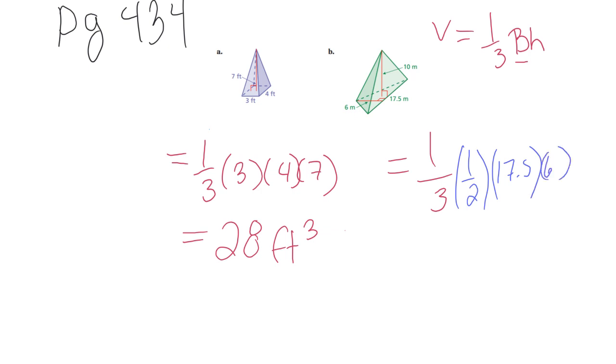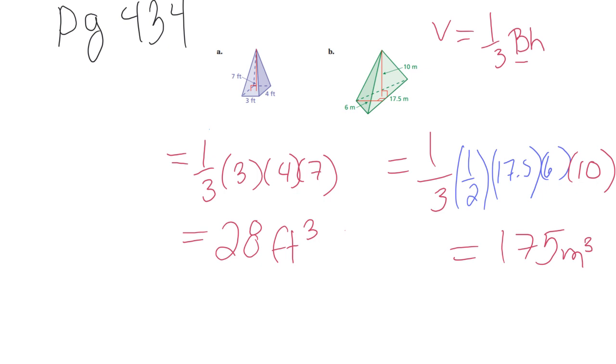So the purple I used to represent the capital B, and then we multiply that all by the height of the actual prism, which is that 10. All right, so multiply that all together. You would have gotten 175. Unit is meters cubed because it's volume.